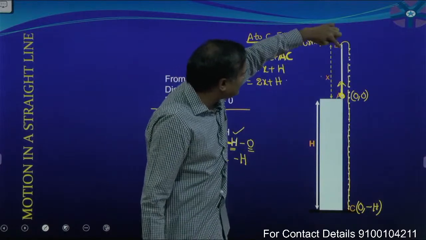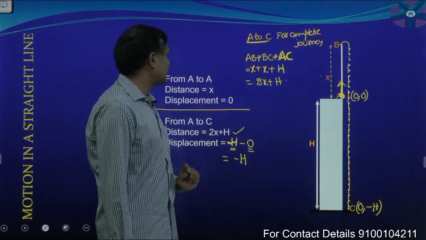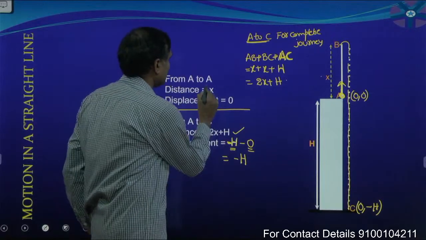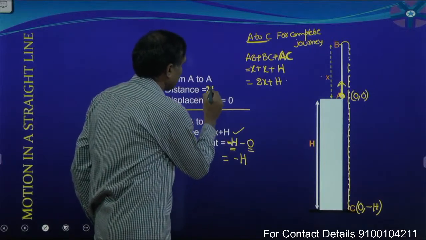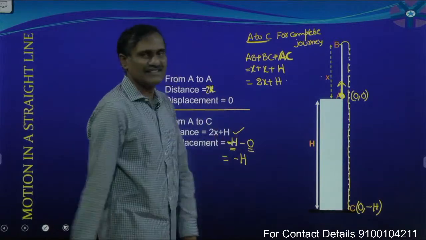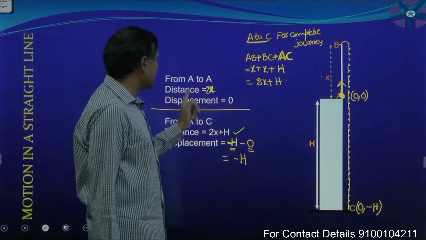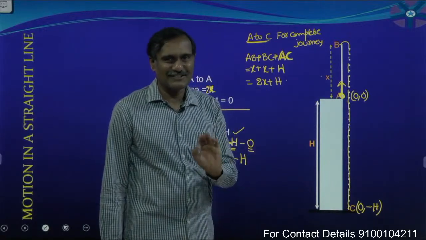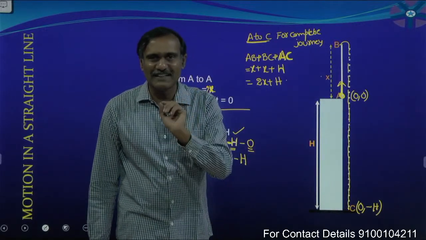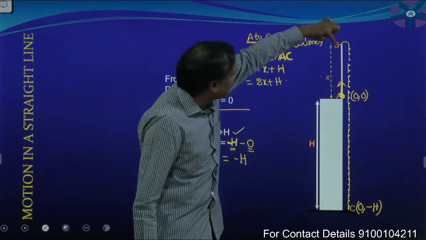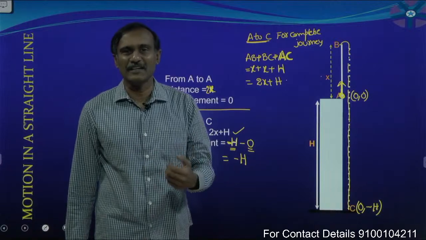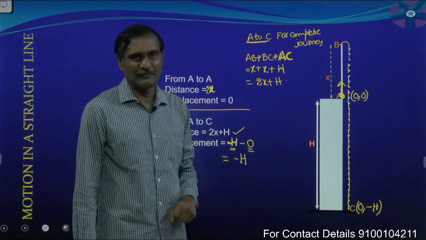That means x plus x becomes 2x. Remember that. It is not x, distance is equal to 2x. Is it true? The actual length of the path travelled by the particle is x and this is also x. Totally it becomes 2x. Remember that.